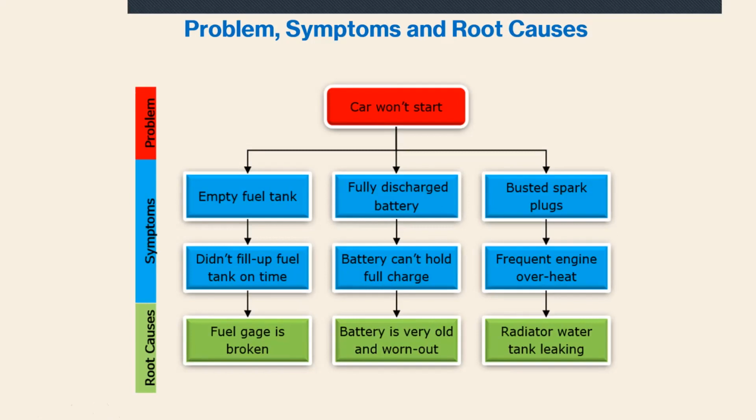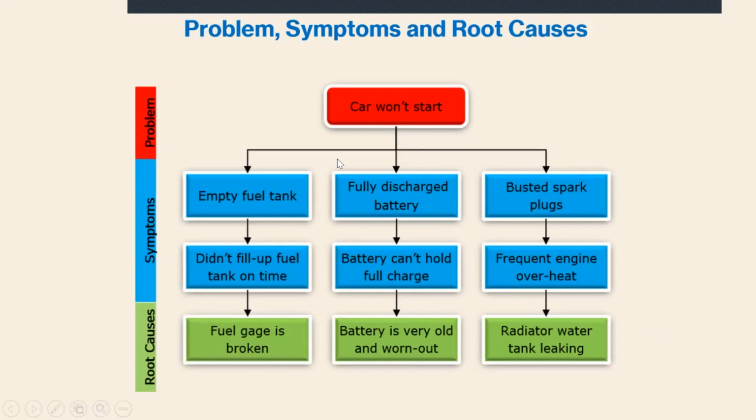Why? Because the battery cannot hold the full charge. Why? Because the battery is very old and it's already worn out. It's expired. So on and so forth. Now you can see that the green set of wordings are the root causes of the problem.